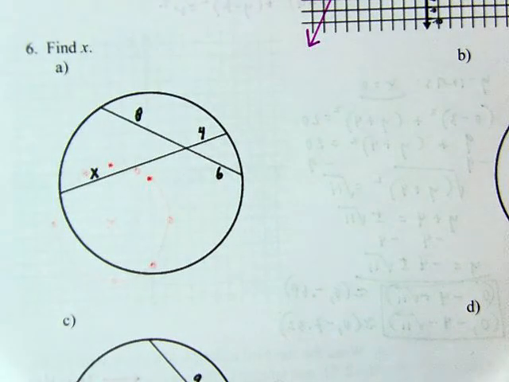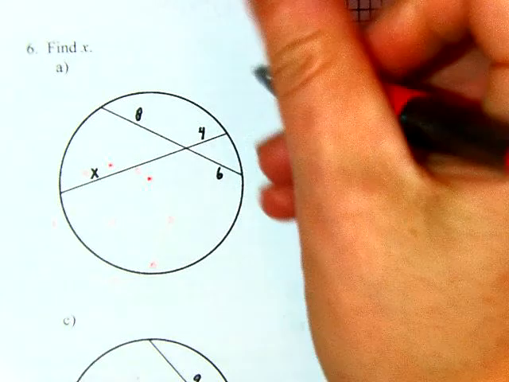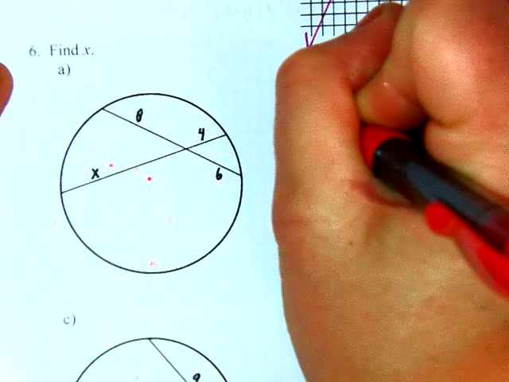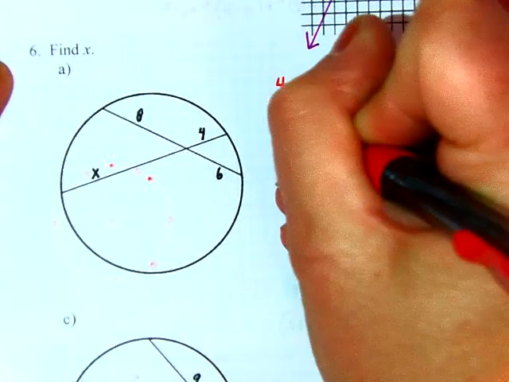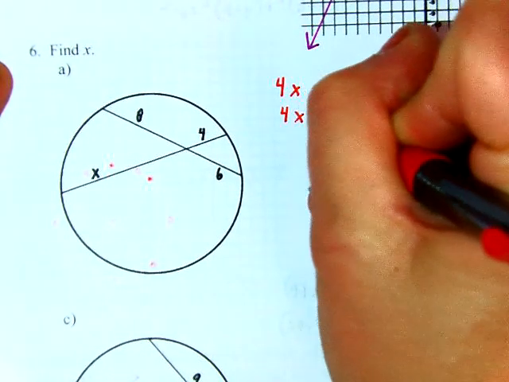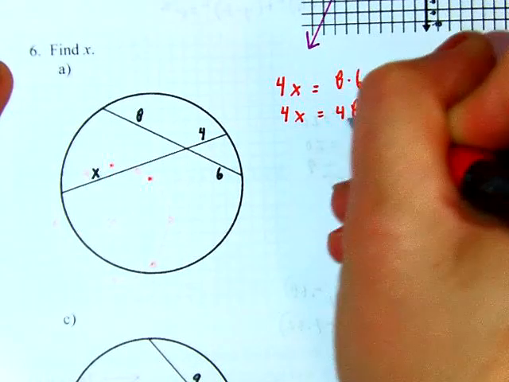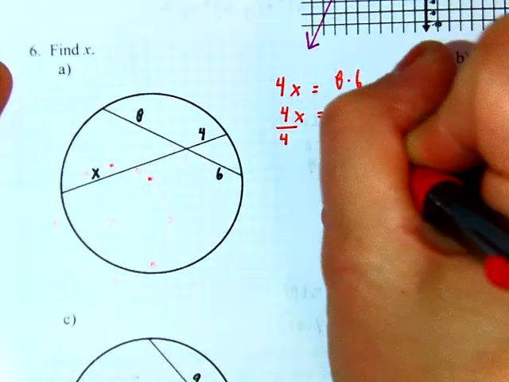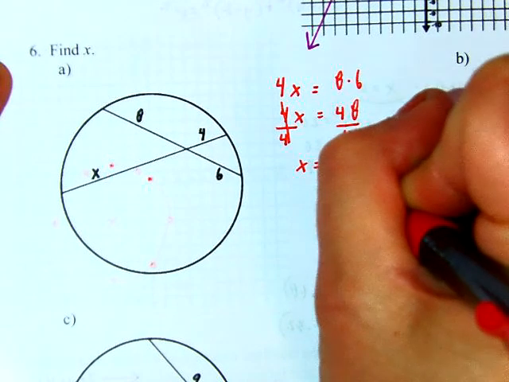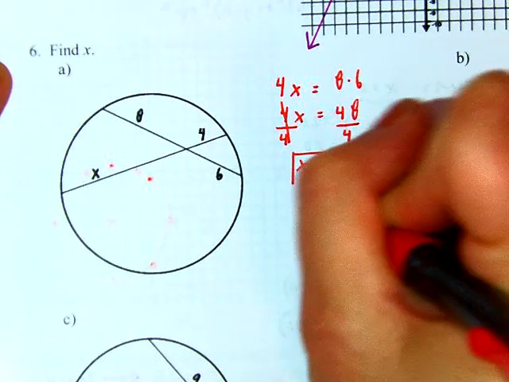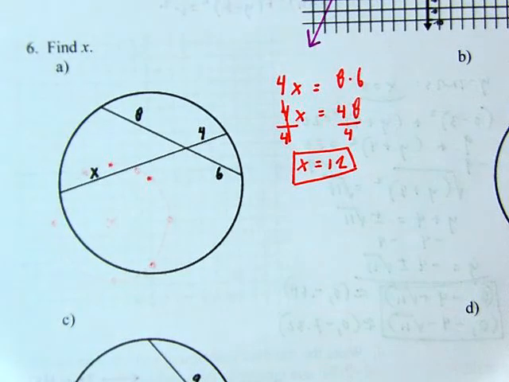So here it's the product of the smaller portions equal to the product of those other small portions. So again, 4 times x equals 8 times 6. So 4x equals 48. Divide both sides by 4, and I get that x equals 12. Easy enough. On to the next one.